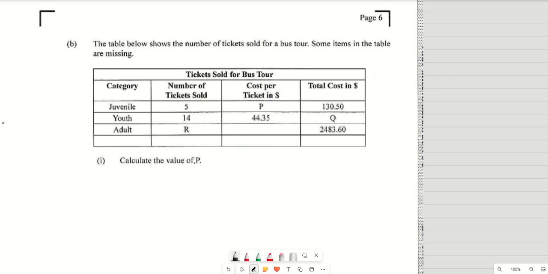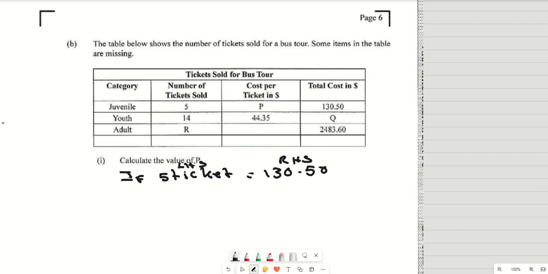So we know that if 5 tickets cost $130.50, remember in your if then therefore we have a left hand side, right hand side. We are trying to find money, so you know that your right hand side would be money.